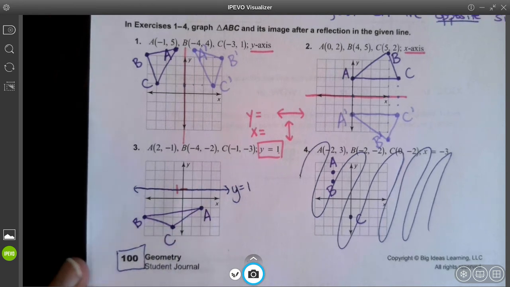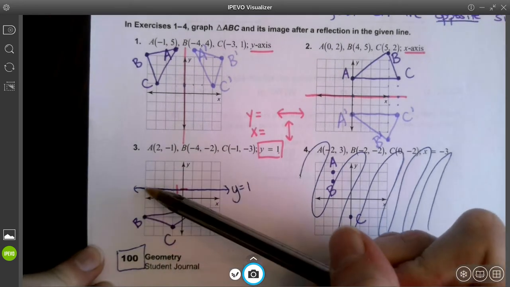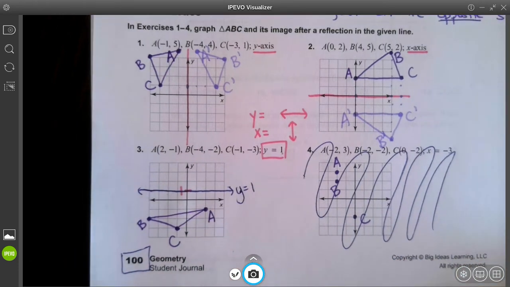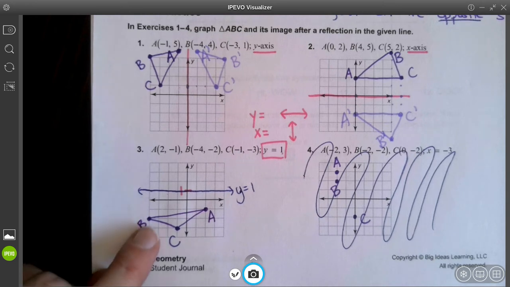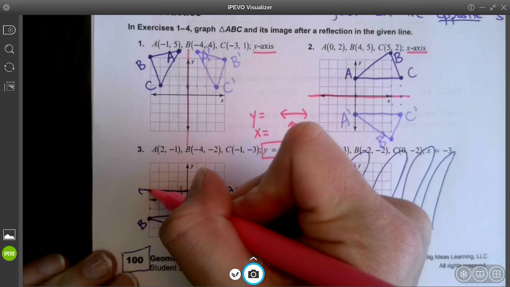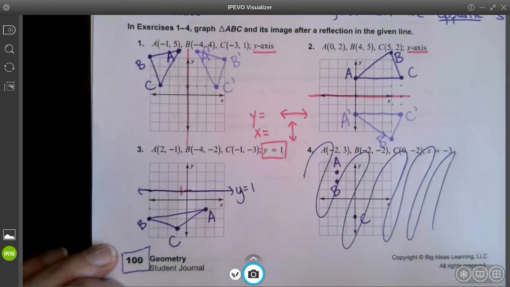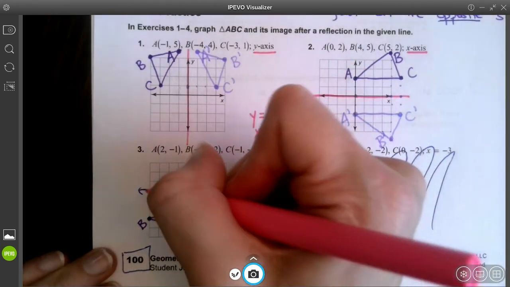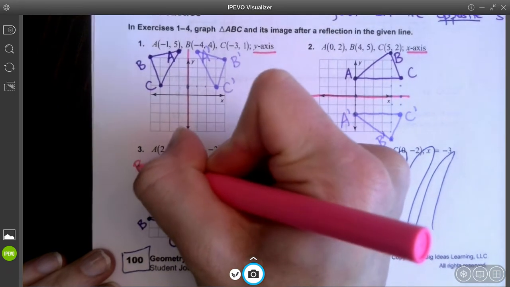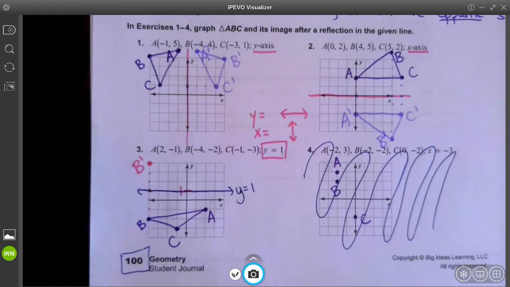So this time when I count, I need to make sure I count to this line, not the x or y axis. So point B is 1, 2, 3 units below that blue line of reflection. So B prime will be 1, 2, 3 units above that line.